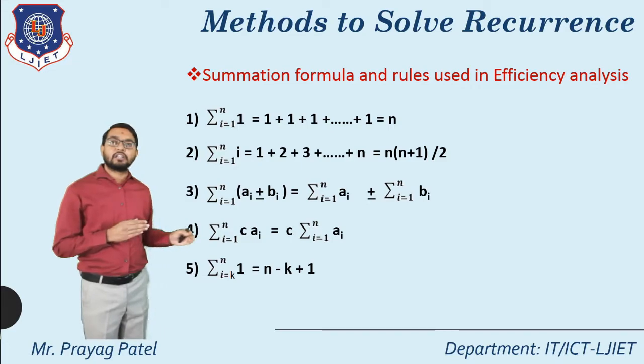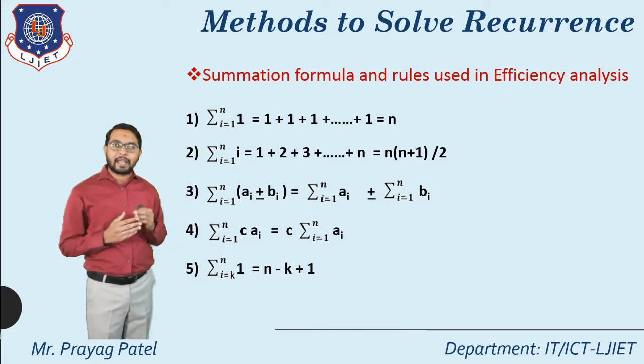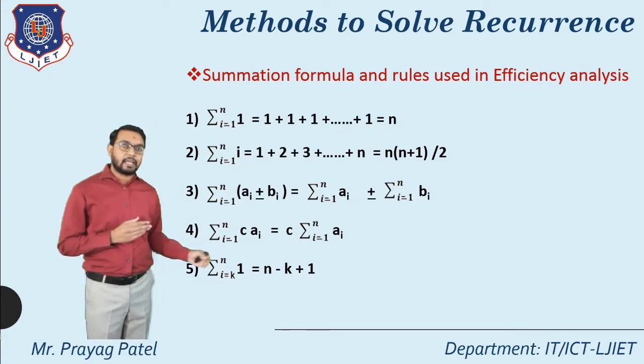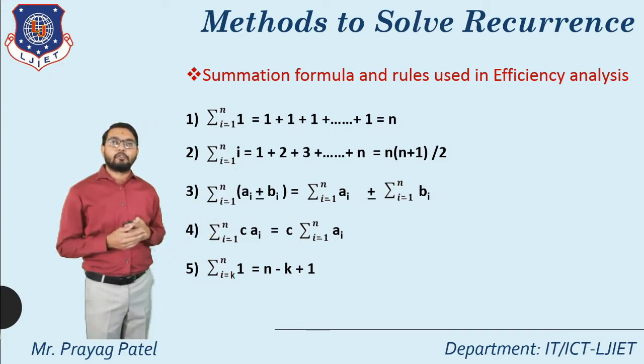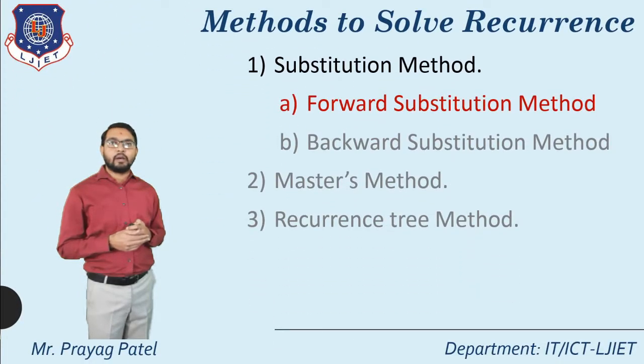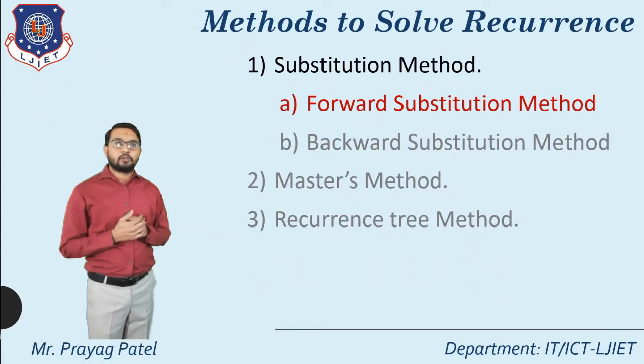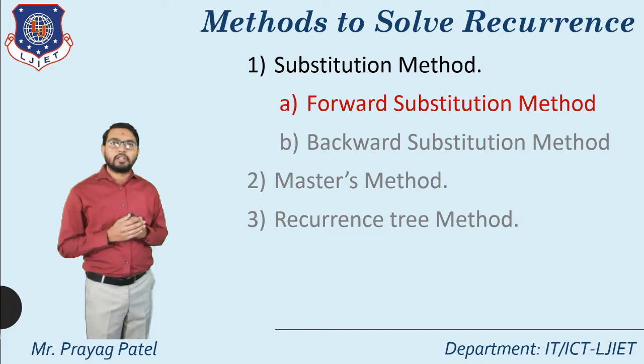That means upper limit minus lower limit plus 1: the upper limit n minus the lower limit k, plus 1.